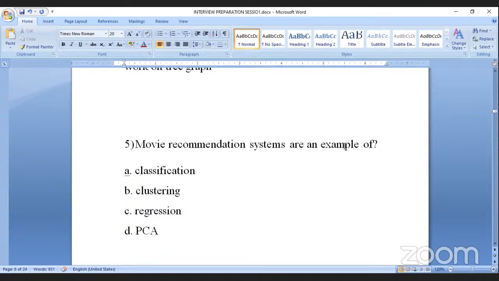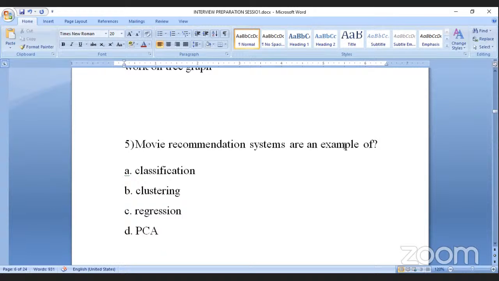Classification, good try. More responses, please. Classification, okay. Only 3 responses. Come on, friends, it is okay if it is wrong.